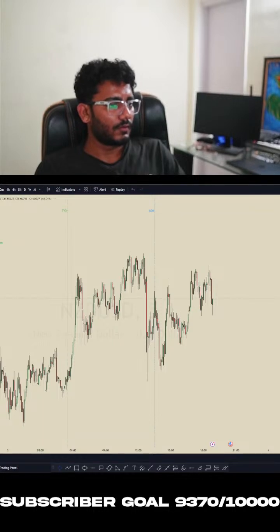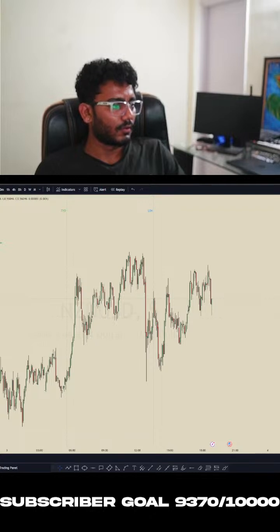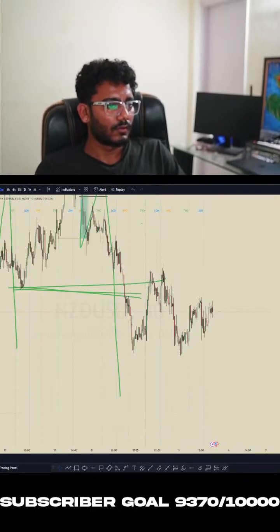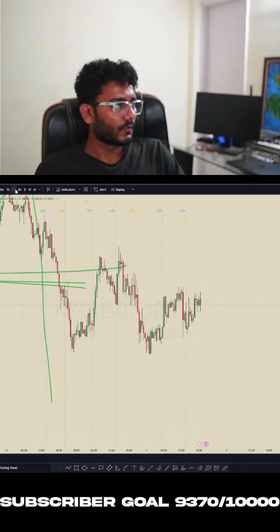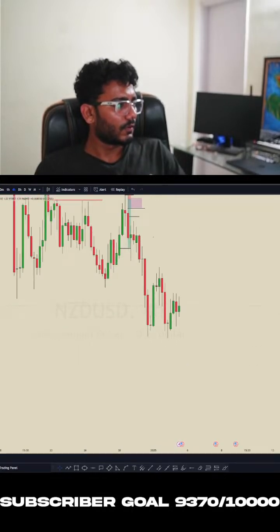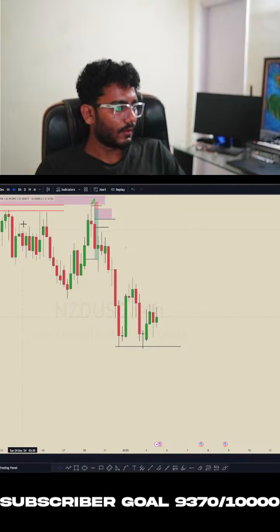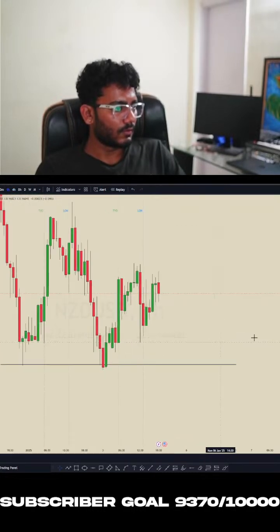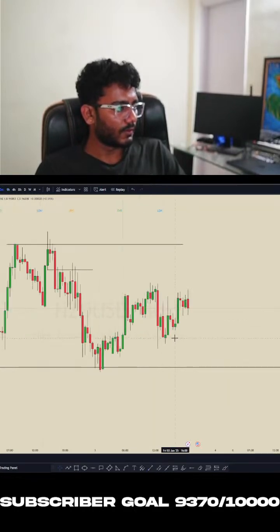GBPJPY, NZDUSD, and EURJPY. NZDUSD, we can see this high, this low is swept, and there is an inducement over here, and this is also mitigated.